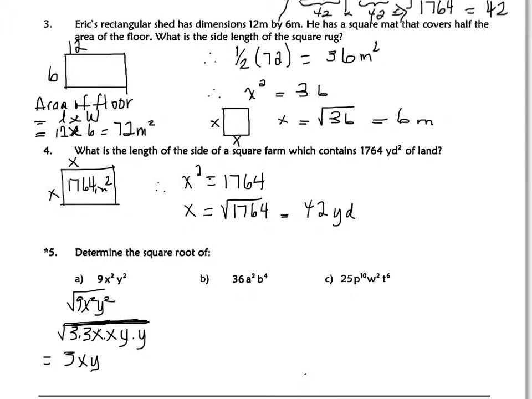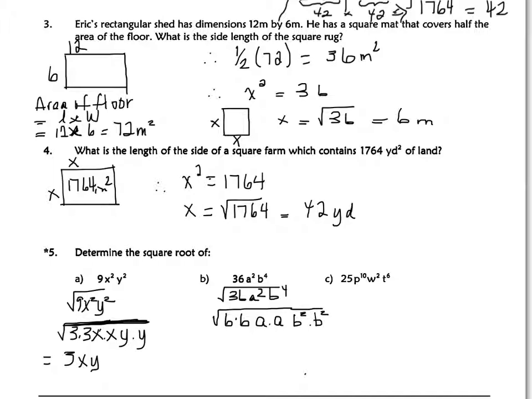If you look at the next one, you've got 36 a squared b to the 4. And again, you can break it down. 36 is a perfect square, 6 times 6. A squared is a perfect square, a times a. And b to the 4 is a perfect square, because b squared times b squared would give you b to the power of 4.